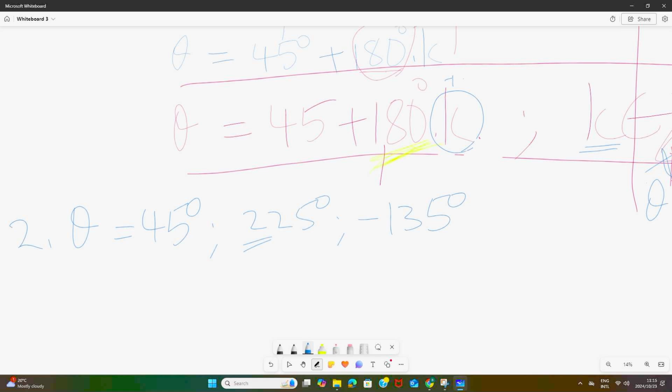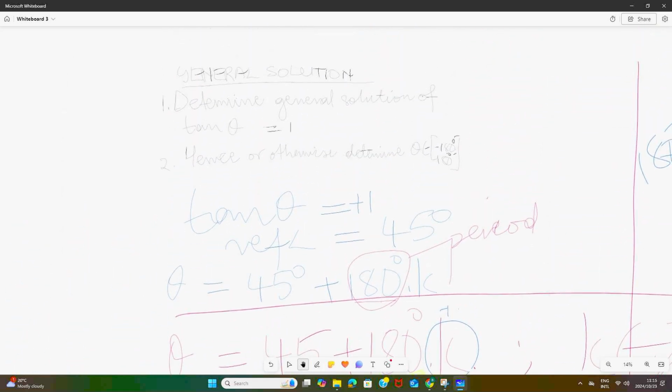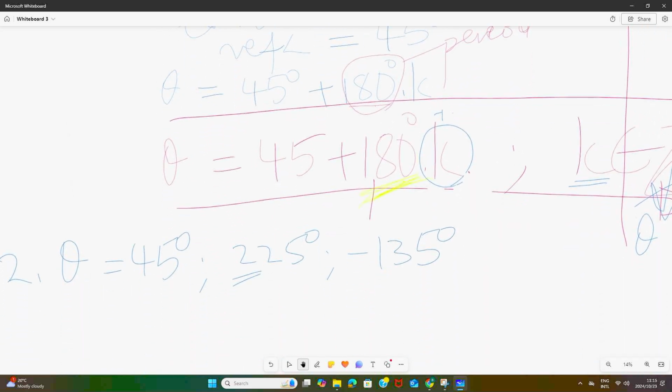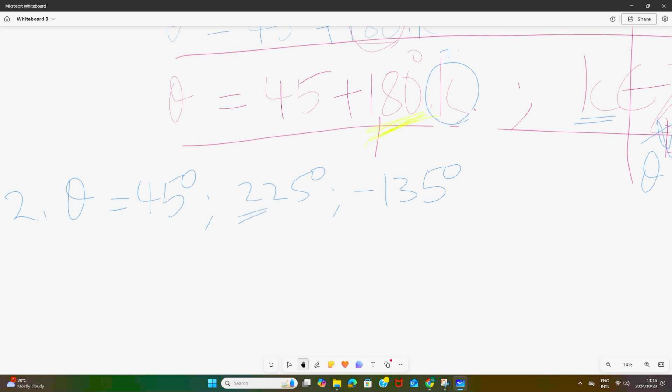And negative 360 degrees plus 45 degrees will give us negative 315 degrees. According to our interval, which was between minus 180 and 180 degrees, then we are fine for that one.